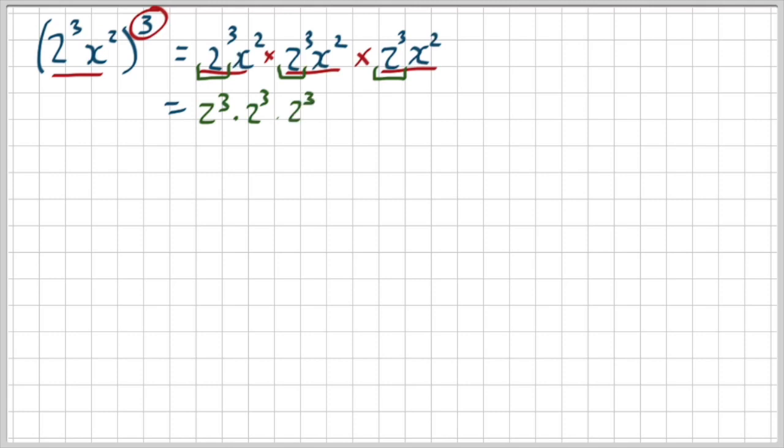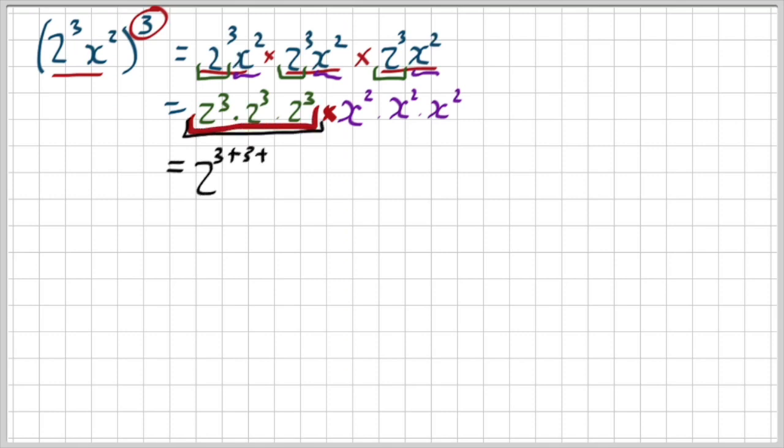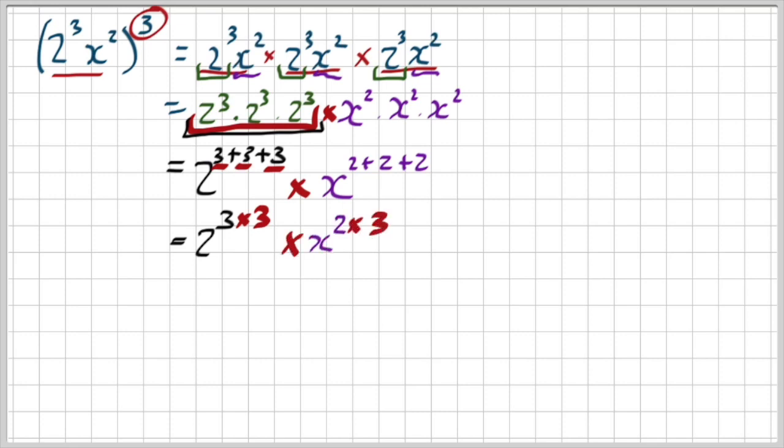If I'm going to group them together, the same with the x's, it means applying law 1 at the 2's, it's going to be 2 to the 3 plus 3 plus 3 times by x to the 2 plus 2 plus 2, which in essence says 2 to the power of 3 multiplied by 3 because there's 1, 2, 3 of them. And the same with the x's. There's 1, 2, 3 of them there.